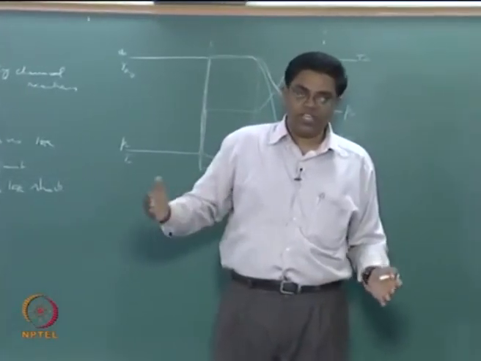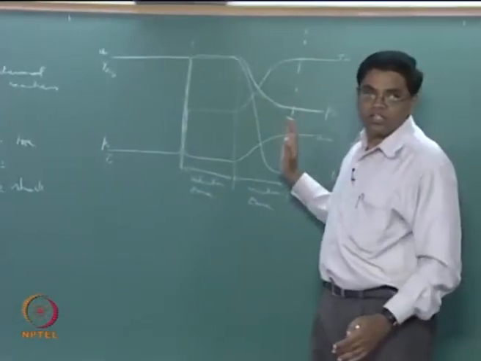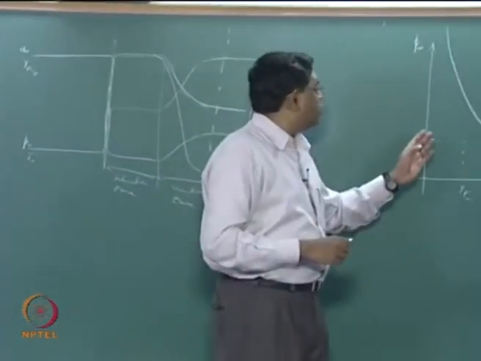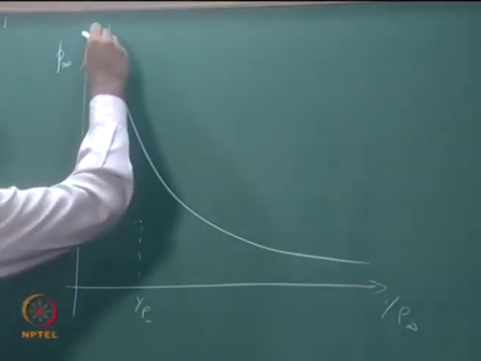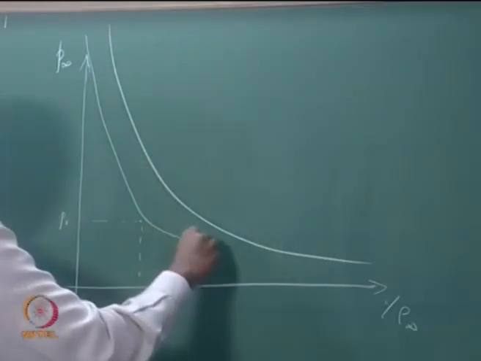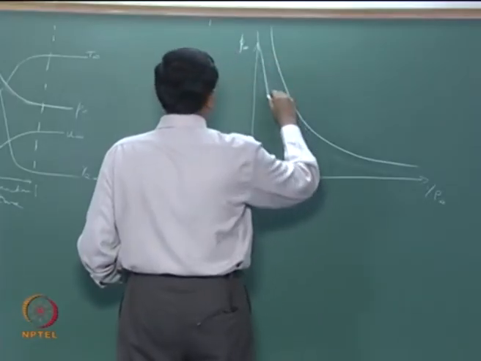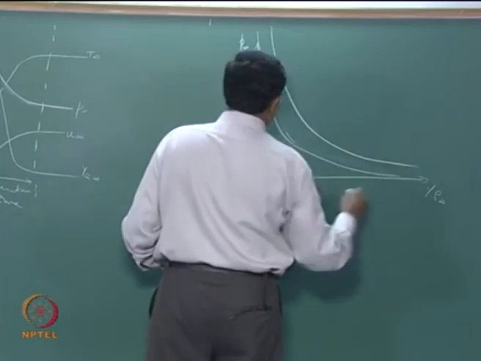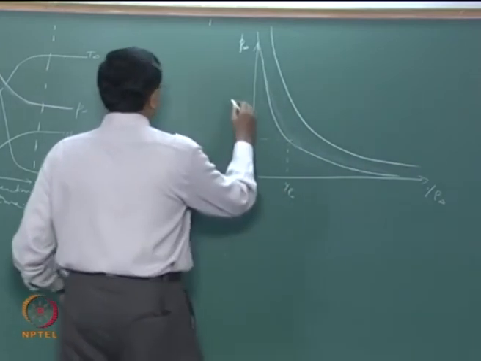That means you don't have any heat release across the shock itself. The heat release comes behind, therefore you have to follow the shock Hugoniot. So the shock Hugoniot is now going to be passing through the origin, so that's the shock Hugoniot.